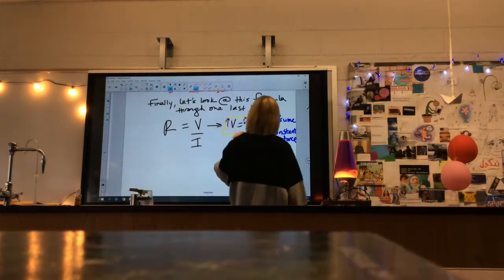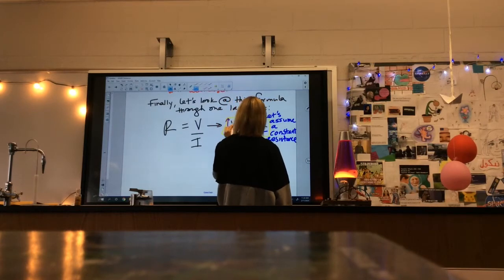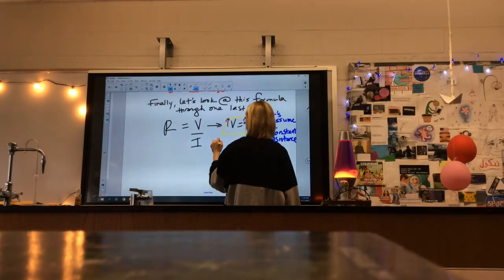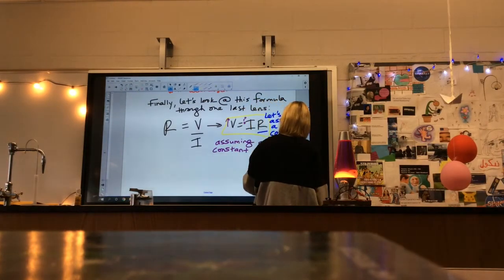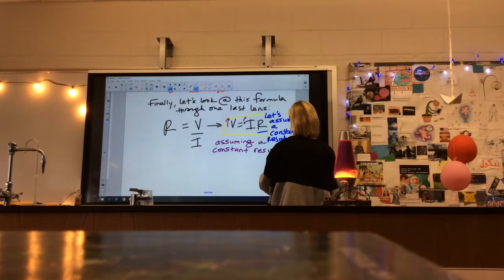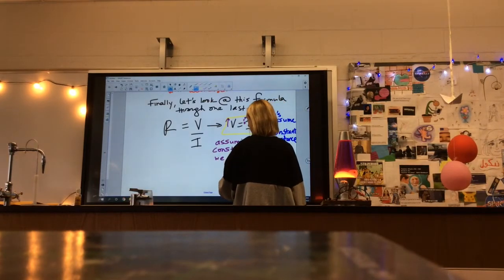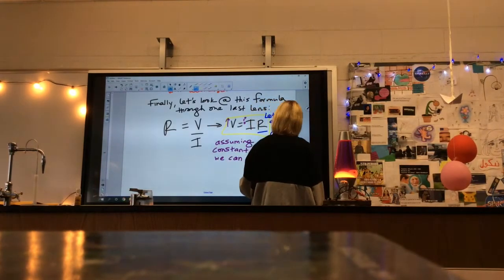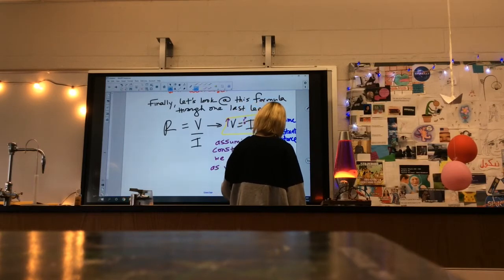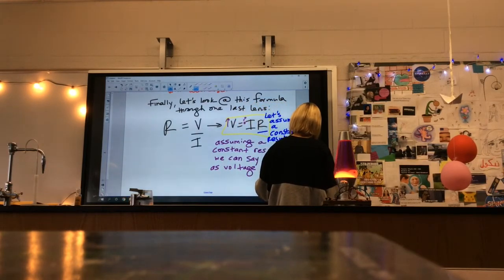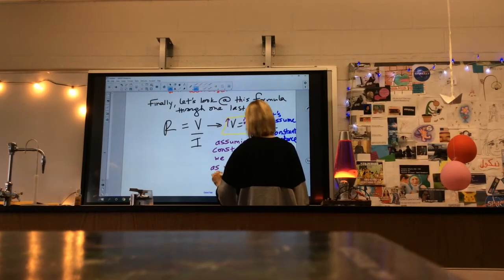Okay, so there is a direct relationship between the two. So assuming a constant resistance, we can say that as voltage increases, the current in the circuit will also increase.